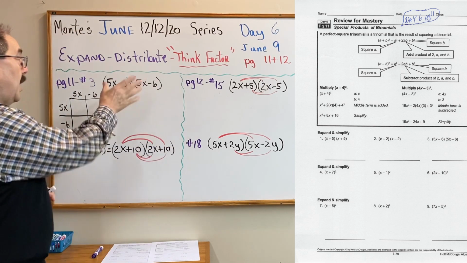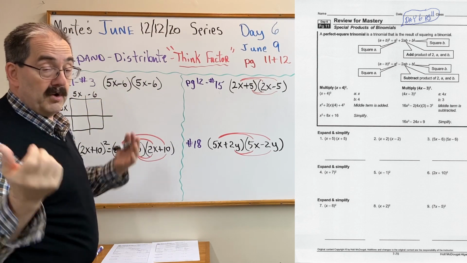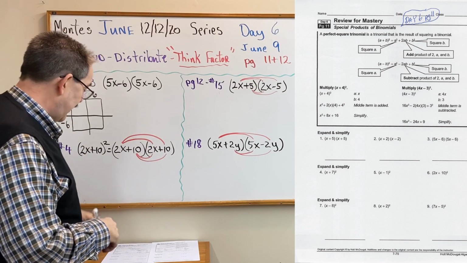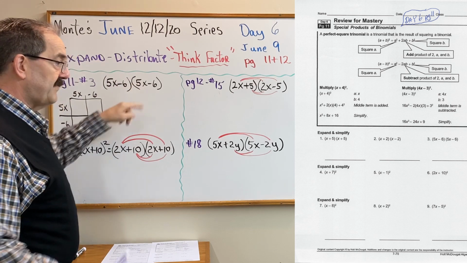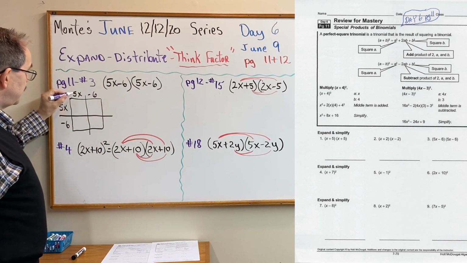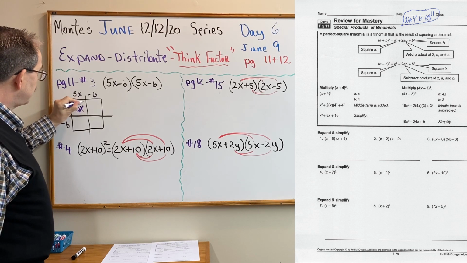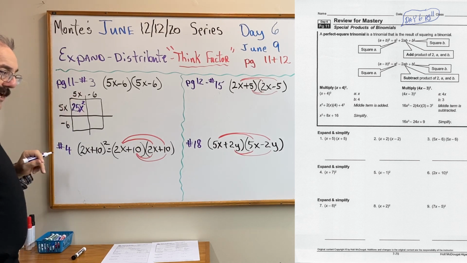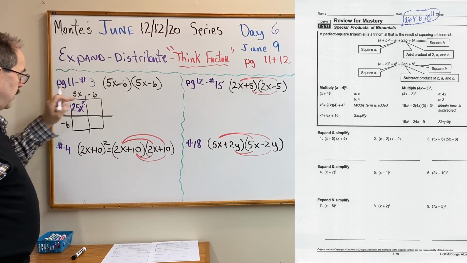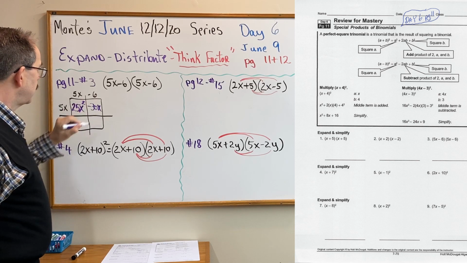Okay, I'm going to do one with the area model because it's perfect. It works every time. Takes a little bit more time. I get it. All right, so 5x times 5x, 25x squared. 5x times negative 6, negative 30x.